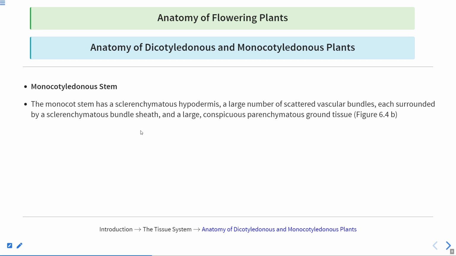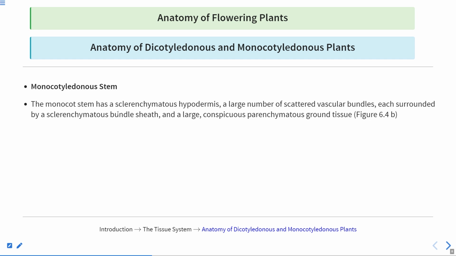All three tissue systems present in the dicot stem, that is the epidermal tissue system, the ground tissue system, and the vascular tissue system, are present in the monocot stem also, but there is a lot of difference in all three systems. So let us see what type of anatomical structures the monocotyledonous stems have.